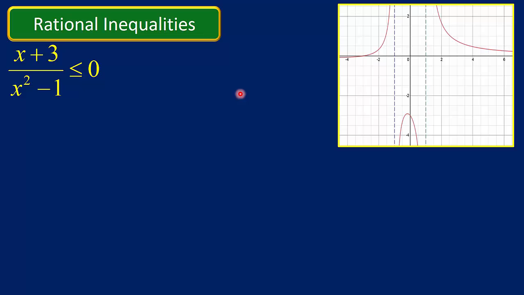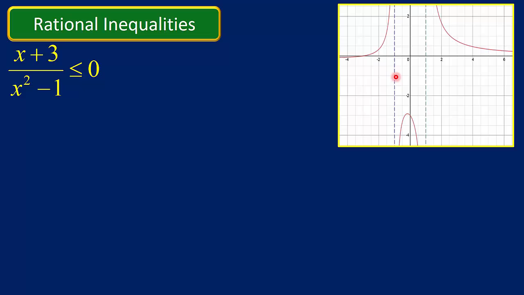So now, if you look at the graph of this function right here, you see the vertical asymptotes, you see the x-intercept, and notice that's where the changes take place. Notice the graph is below the axis up to this x-intercept, and then it crosses over and it's above the axis. So we have part of the solution region over here, but right here at the x-intercept, it changes, and now it's above.